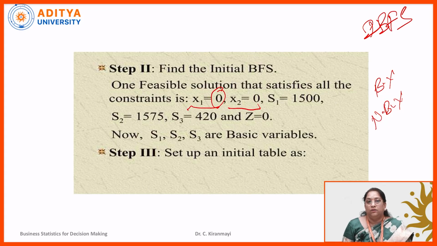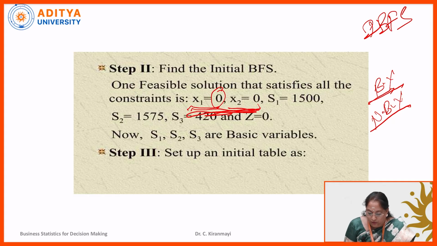While understanding the key terms of the simplex method, we understood that all those variables whose values are non-zero are called basic variables, and all those variables whose values are zero at the corner point are called non-basic variables.